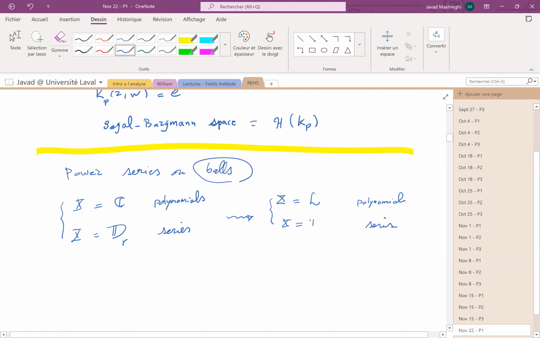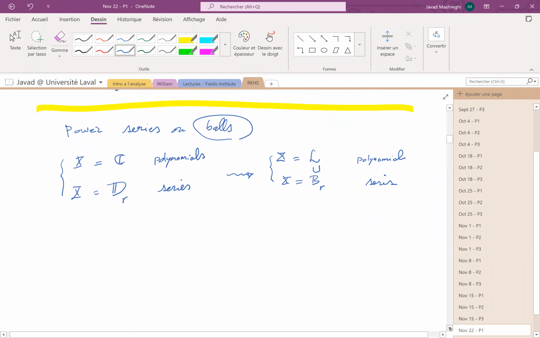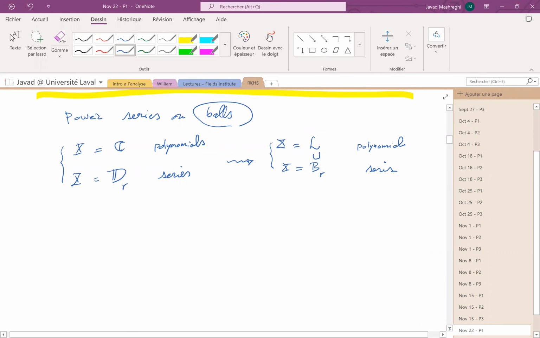So balls in L. So it's a generalization of the previous step in which we just considered C and DR. Now we go for L and BR.